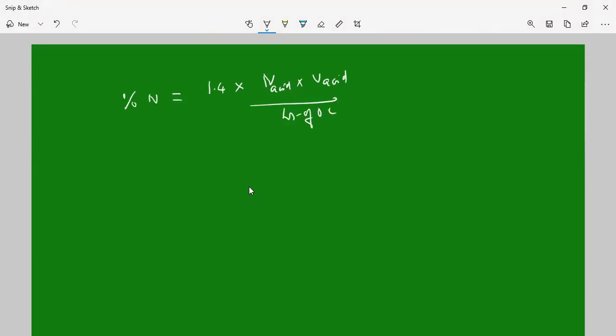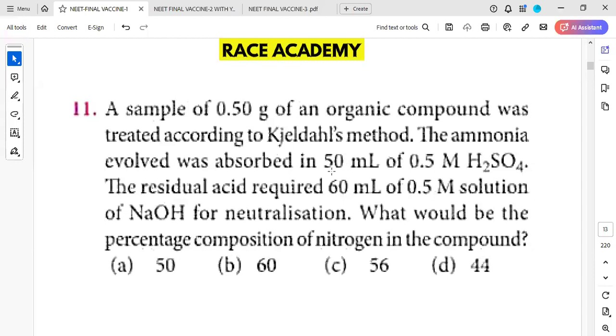Actually, if you take normality, it will come out perfectly. Molarity given in the question can also be converted into normality. Here it is 1.4 into the normality of the acid, which for 0.5 molar H2SO4 is 1, into the volume of acid. So whenever you are finding the volume of acid from this question, observe the exact volume of sulfuric acid given, 50 ml of 0.5 H2SO4.